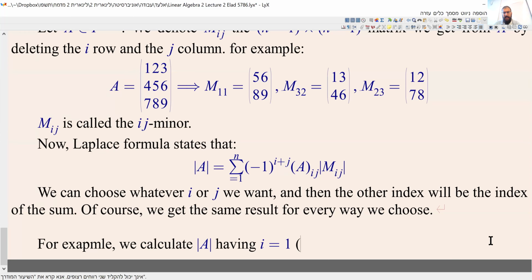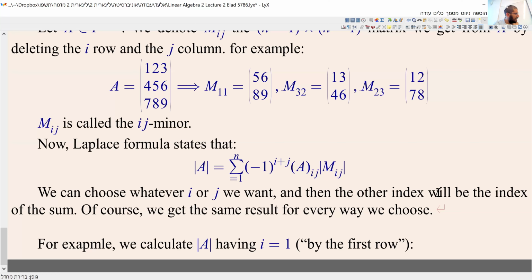I can call it developing the determinant by the first row. I specifically didn't write what is equal to 1, because we can choose whatever we want for i or for j, and then the other index will be the one that runs in the sigma.